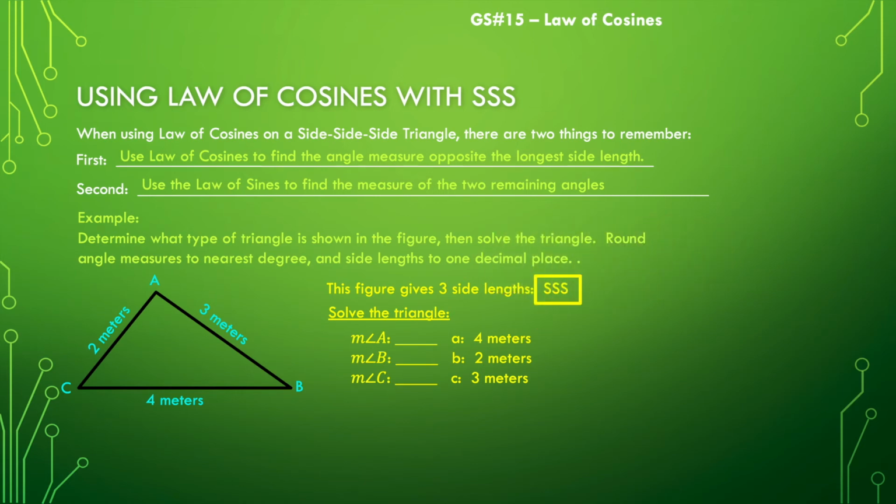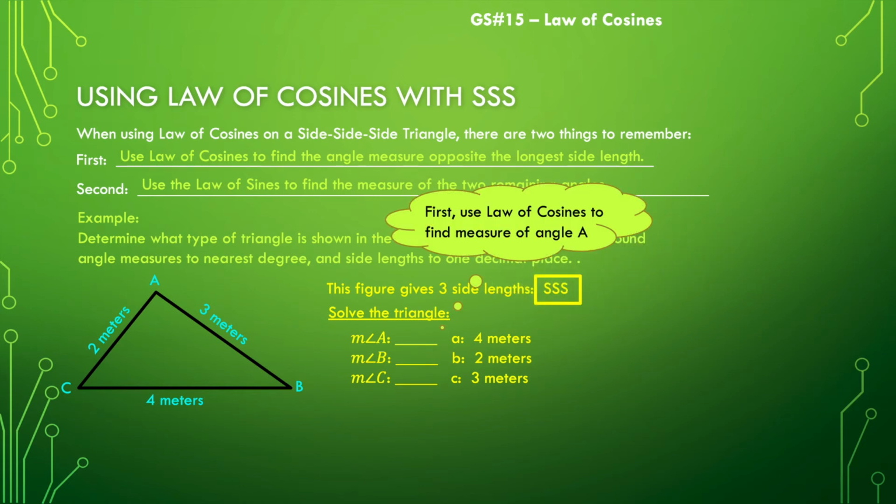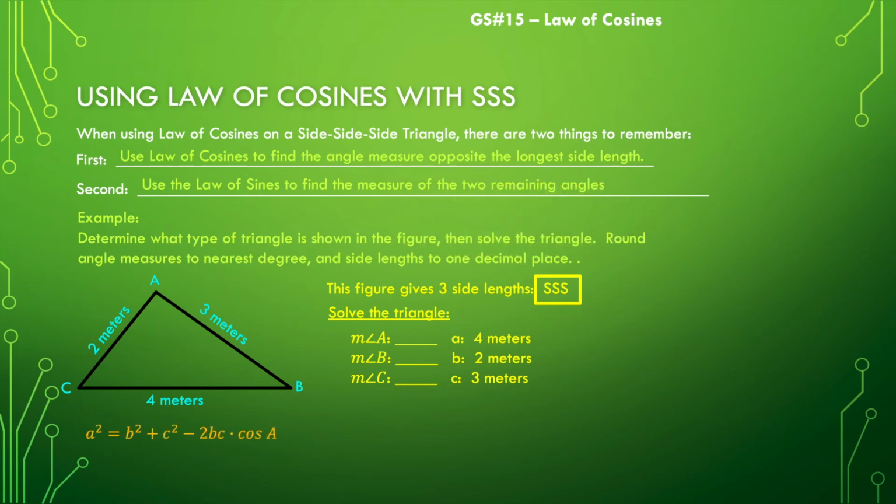So we are interested in finding the measure of angle A. We are going to then set up the law of cosines so that we have angle A in this position. If we've got angle A in this position, that means side a is on the other side of the equal sign. Okay, and so we're going to go ahead and sub in everything we know.